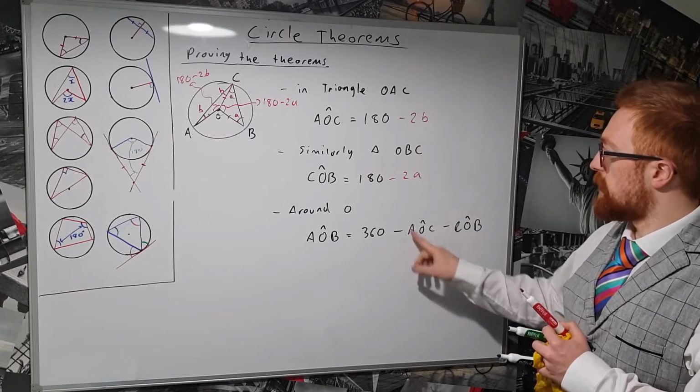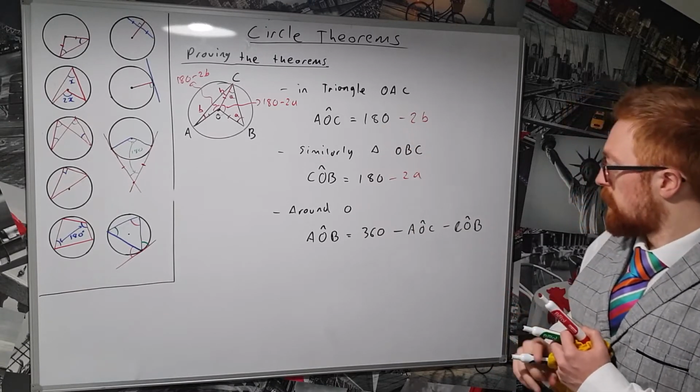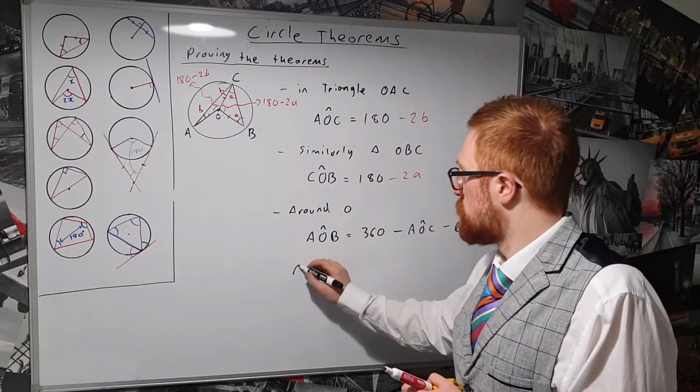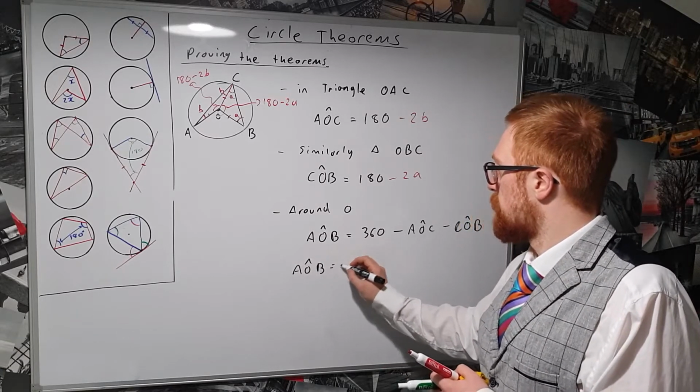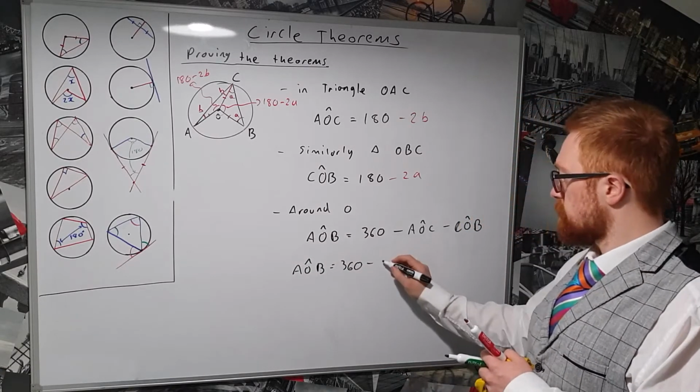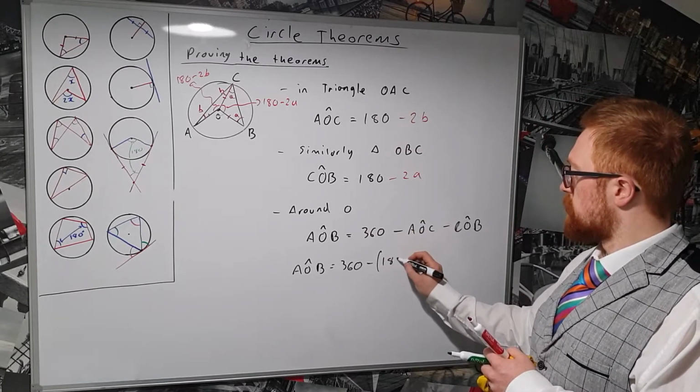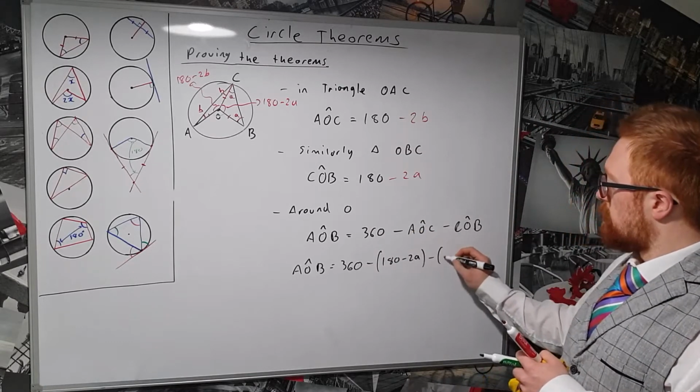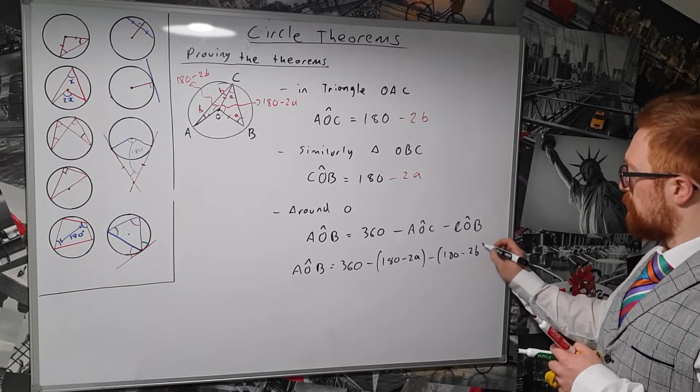I know AOC is 180 minus 2b, so let's substitute those values in: 360 minus (180 minus 2a) minus (180 minus 2b).